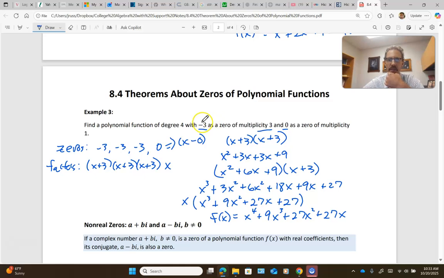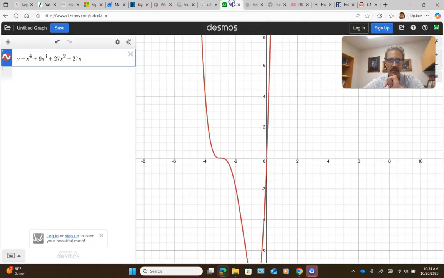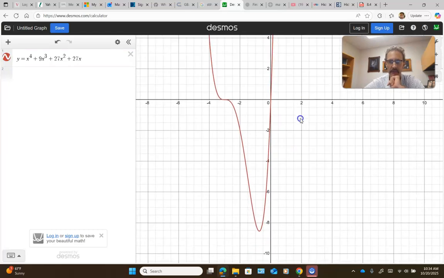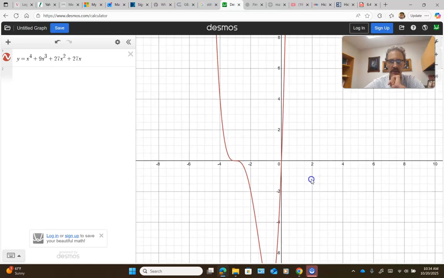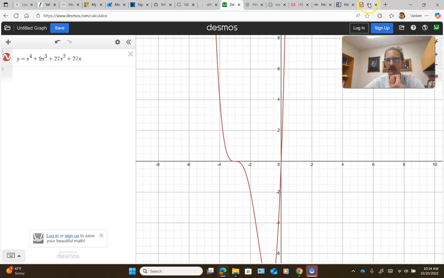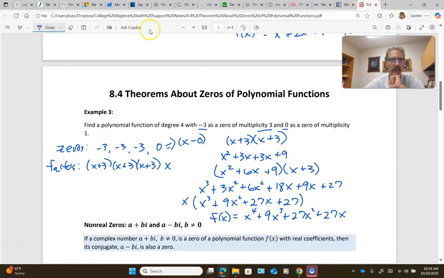Our zeros were -3 with a multiplicity of 3, so it's odd. 0 with a multiplicity of 1, which is odd. So with those two zeros, we should see the function crossing the x-axis. And that's what we see. It crosses right here at -3, and then it crosses over here at 0. And this is a 4th degree polynomial.